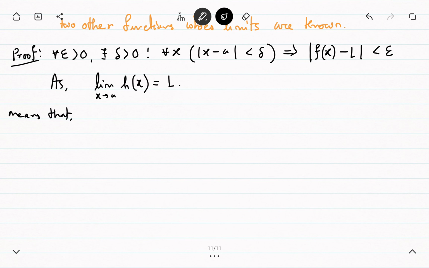Okay, wait, maybe I'm doing something wrong. If it is h of x equals L, so it means that, yeah, true.